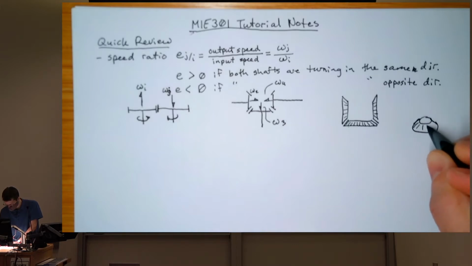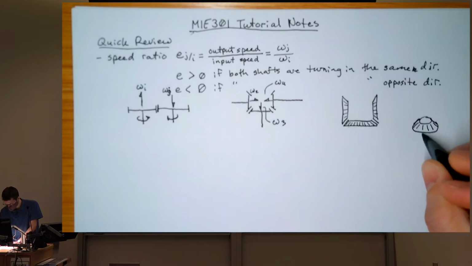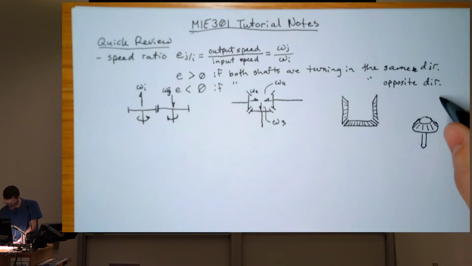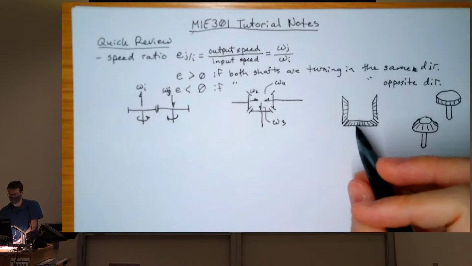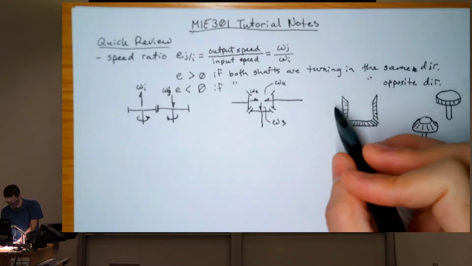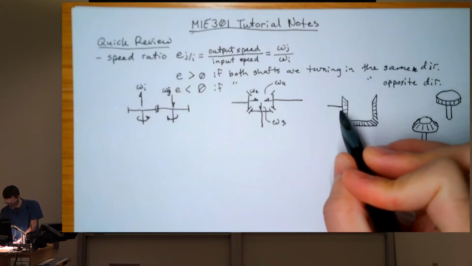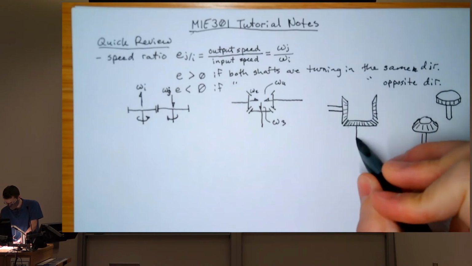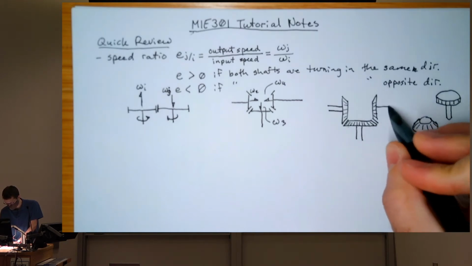A spur gear would look something like this, where it has straight teeth on the sides. Whereas a bevel gear is designed to have some angle, which in this case is 45 degrees, that allows us to transmit motion to shafts that are pointing in different directions. So these shafts are not parallel.